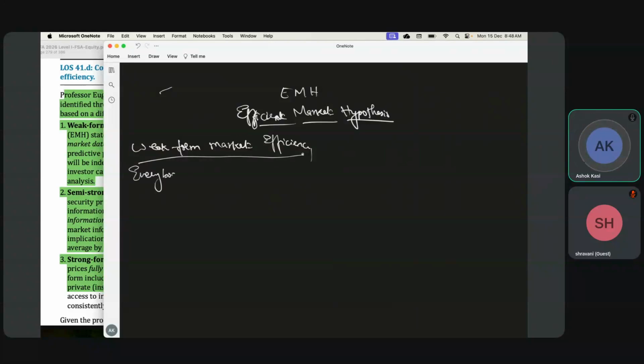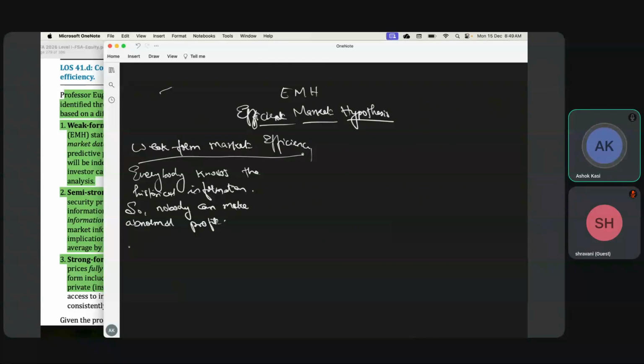Here, everybody knows the historical information, so nobody can make abnormal profit.